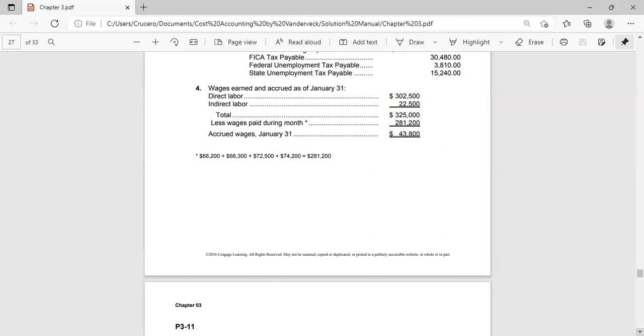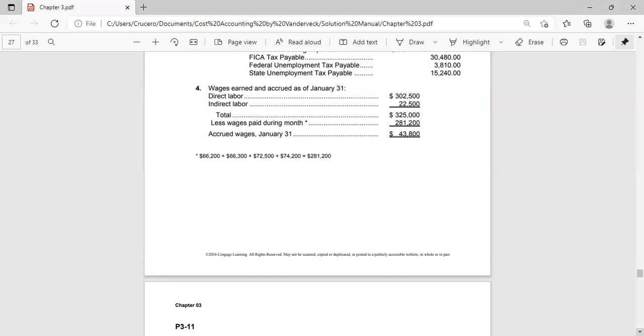So that's now for problem P3-10. Now I'll take up P3-11, so you will have an idea of accounting for bonus, vacation, and holiday pay.